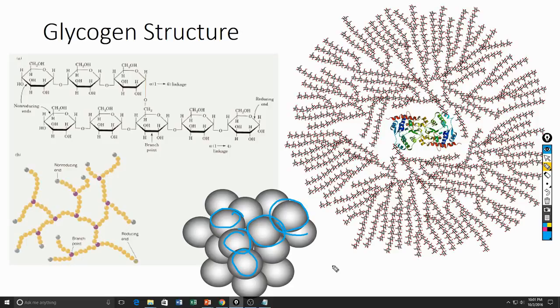You're going to get little air pockets, right? You're going to have spaces in between those molecules, and to a certain extent, that's why you can't store a ton of glycogen in the body, as opposed to fat. Fat actually folds and makes itself very neat as it stores, which means you can store an awful lot of it.